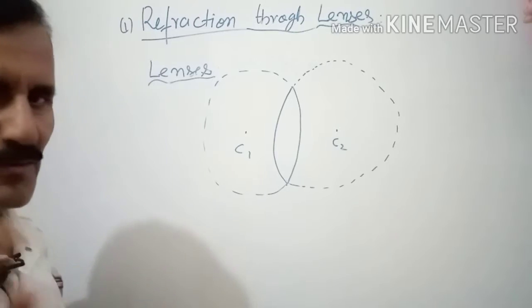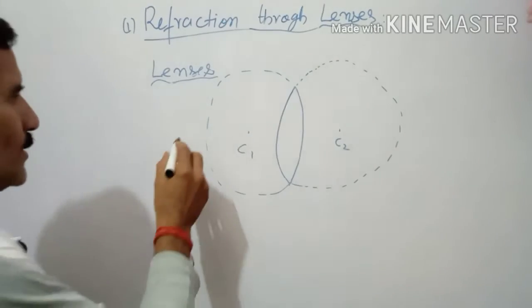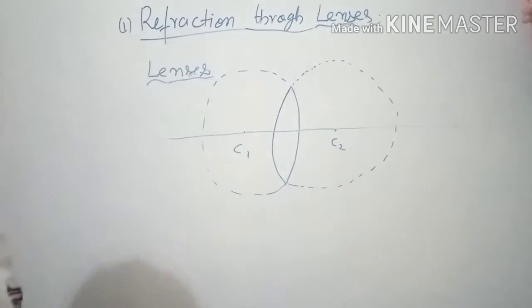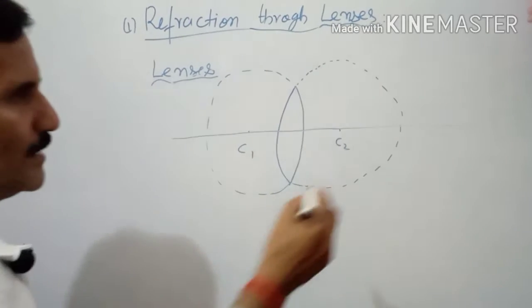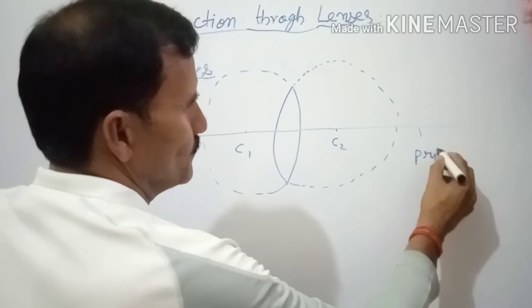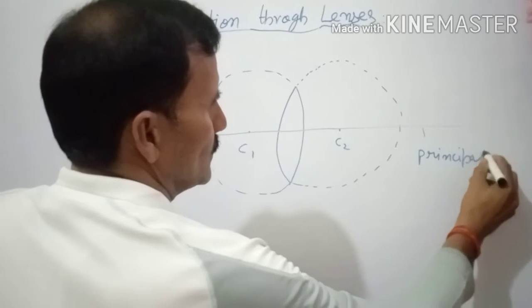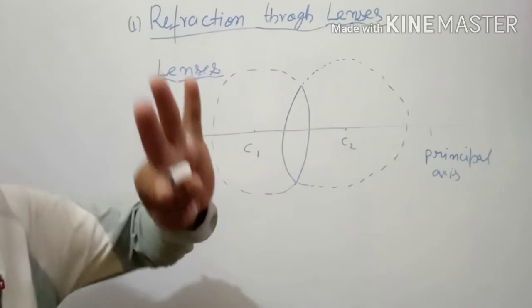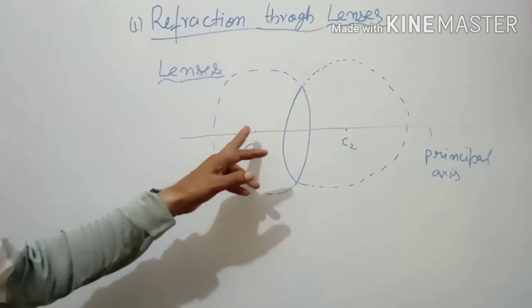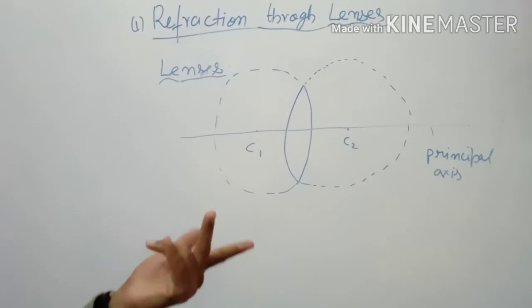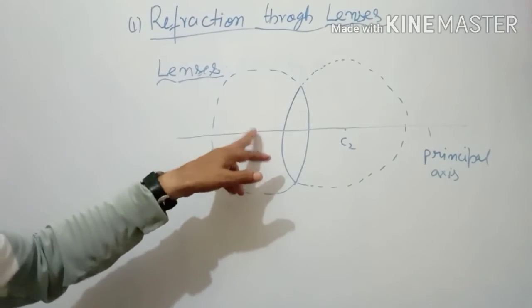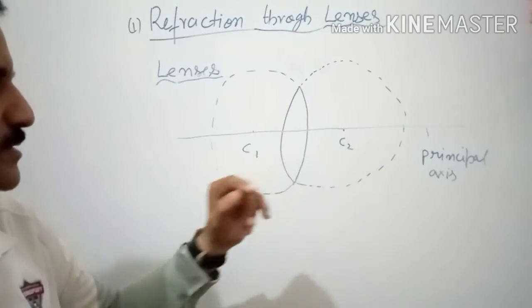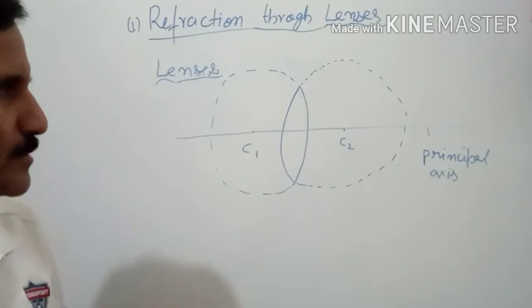In spherical mirrors there was only one, but here two. Any horizontal line passing through these two centers of curvature is called the principal axis.